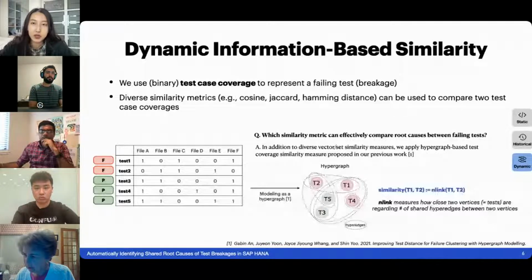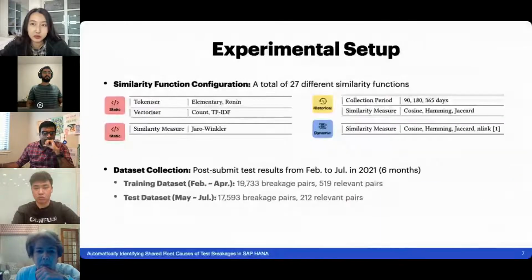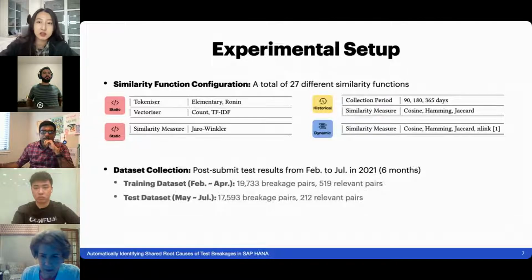By this, we aim to compare the root causes between the failing tests in a more effective way.